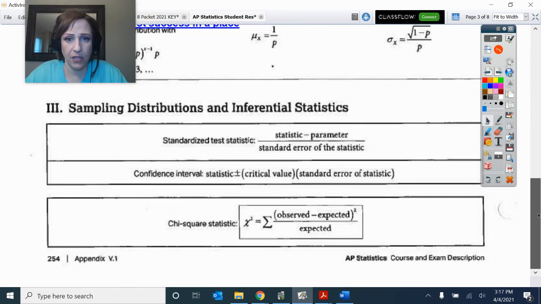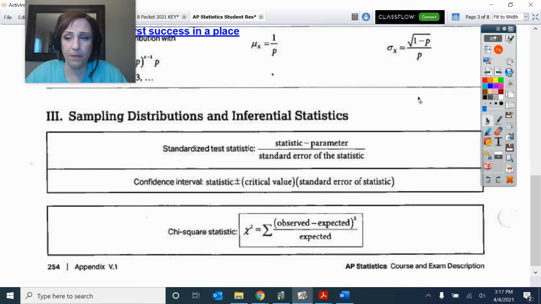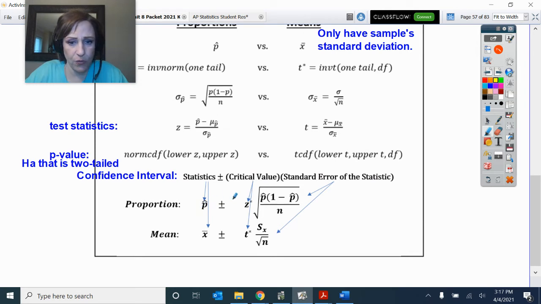Let's take a look. Yes, here it is. It says that the confidence interval is that statistic plus or minus the critical value times that standard error. And then you can see what I'm pointing to in terms of the standard deviations for the proportion problems, what you plug in for those, and for the mean problems, what you are plugging in for those. Okay, so that's your overall review.